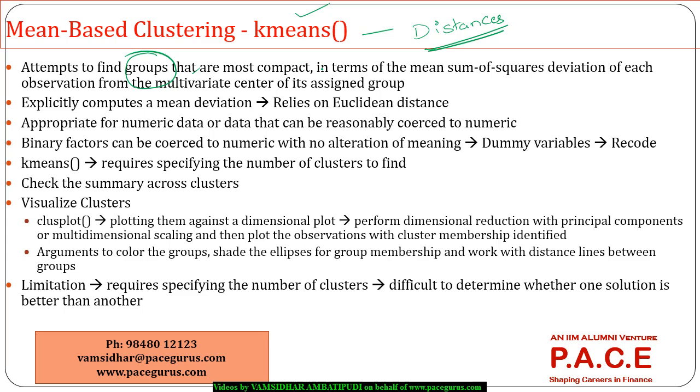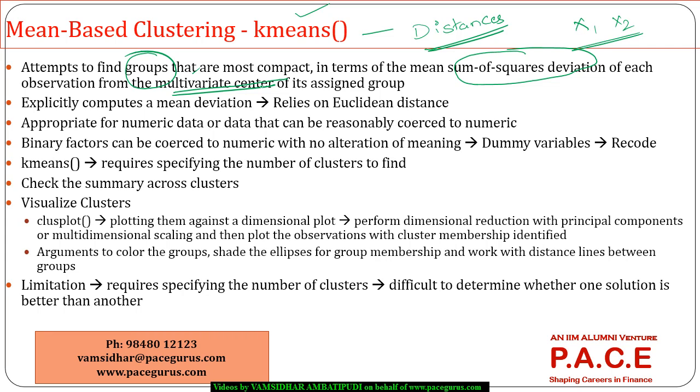But how it measures the distance is, it looks at the mean sum of square deviations of each observation, not from each other. It's not an x1 minus x2 kind of distance, but it creates a multivariate center, a centroid, which is the center of each group.